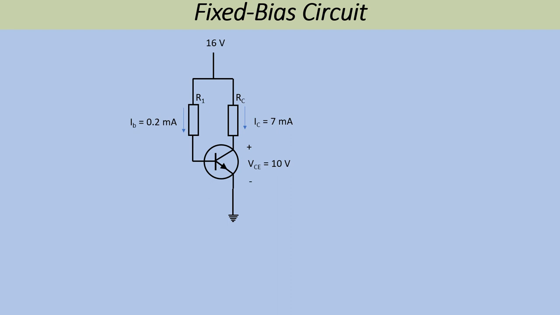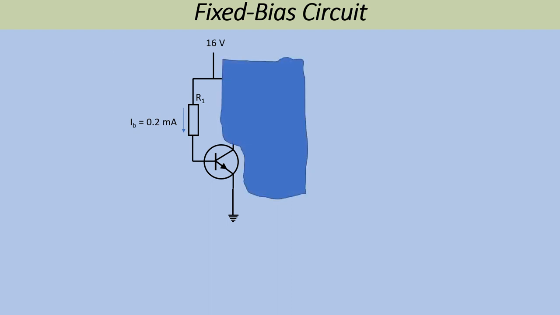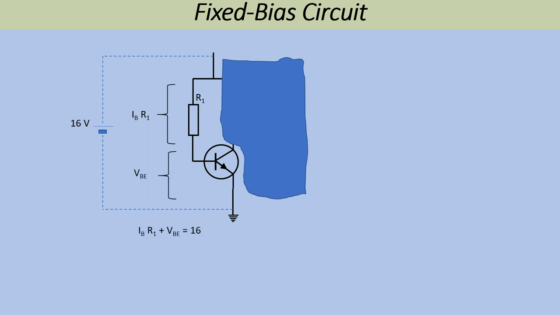Let's now look at the base side of the circuit. I'm going to ignore the collector side and remind myself that there is a voltage of 16 volts between the top of R1 and ground, and that the voltage dropped across R1 plus the voltage drop between the base and the emitter this time must add up to 16 volts.